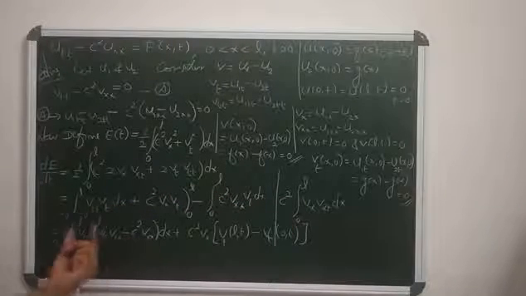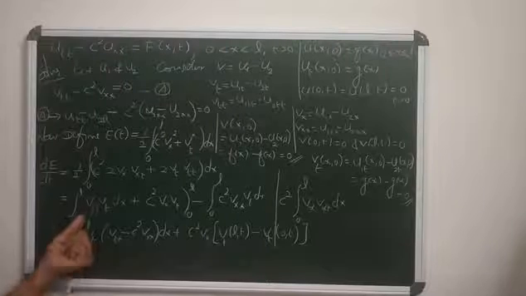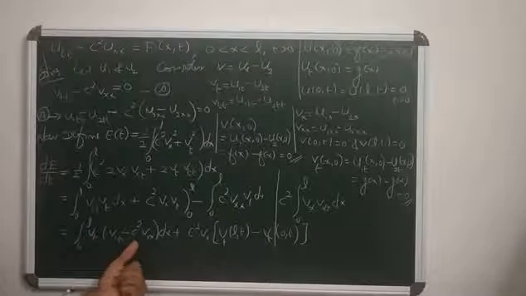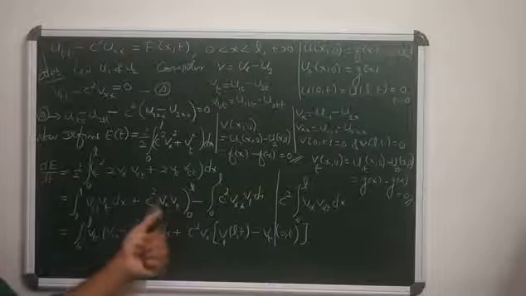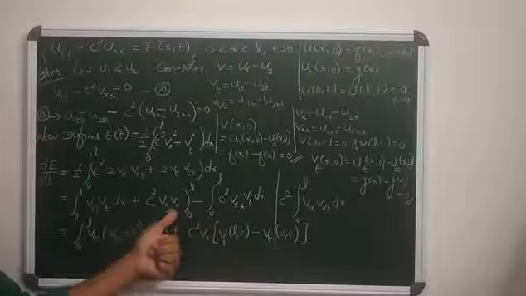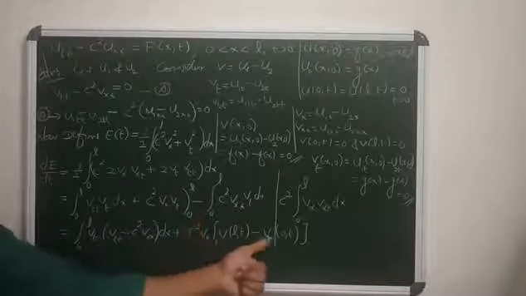As it is associated, that is integral 0 to L vtt minus c square vxx dx, plus c square vx into vt at L,t minus vt at 0,t.